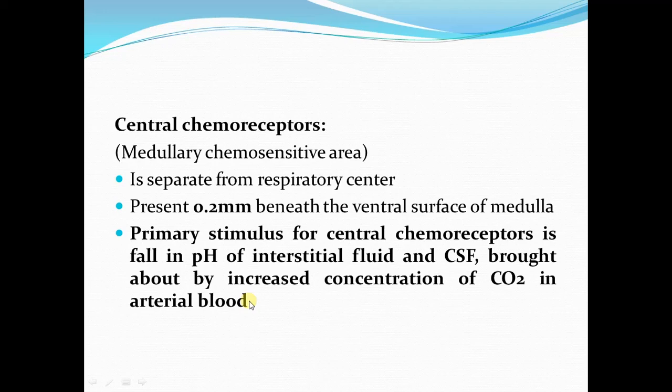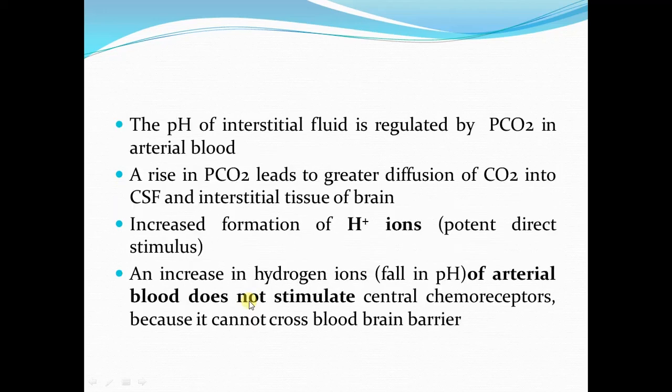You must remember that increased concentration of carbon dioxide in the arterial blood leads to a secondary increase in the concentration of hydrogen ions in the interstitial fluid of the brain and in the CSF, which in turn stimulates the central chemoreceptors. Now, how does carbon dioxide increase the concentration of hydrogen ions? We will see in detail shortly.